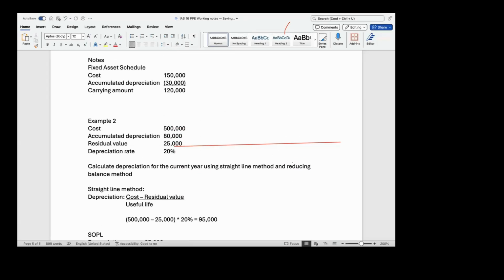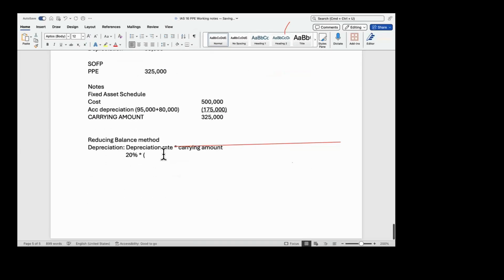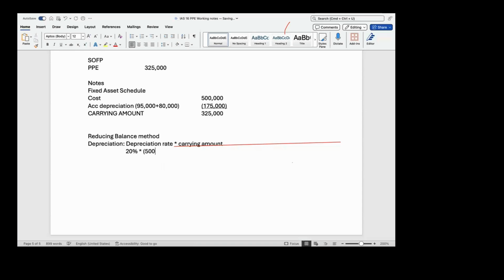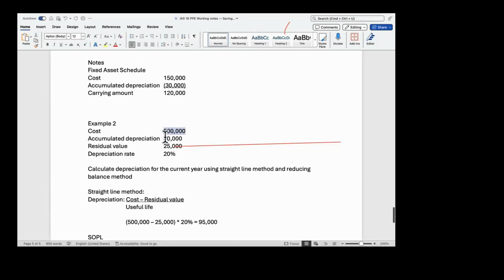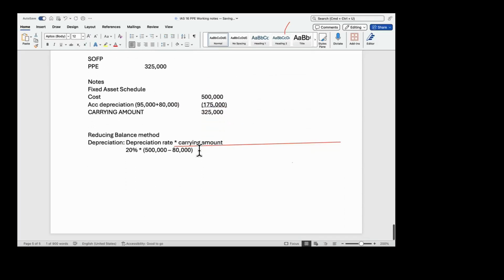Carrying amount, that's 420. Okay, carrying amount is 500 minus 80,000, which is 500 minus what? Accumulated depreciation, 80,000. That gives me my carrying amount.